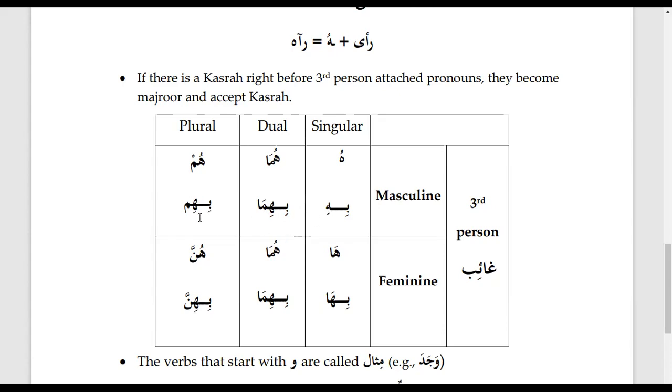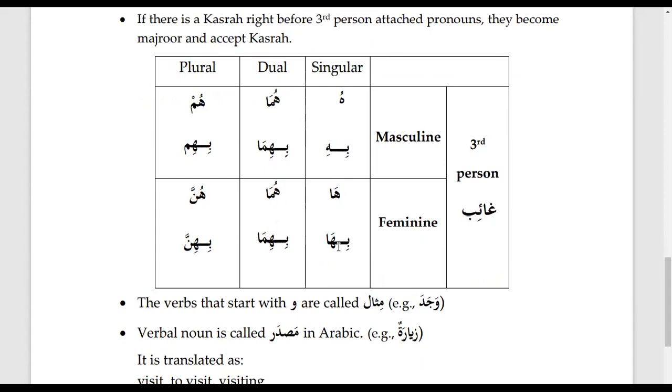Bihi, bihima, bihim. And similarly, ha changes into biha. Of course, we can see that ha is mabni, it doesn't change, but we will say that it is mahallan majroor, meaning it is in the place of majroor. Bihima, again here, hu changed into hi, and also bihinna.